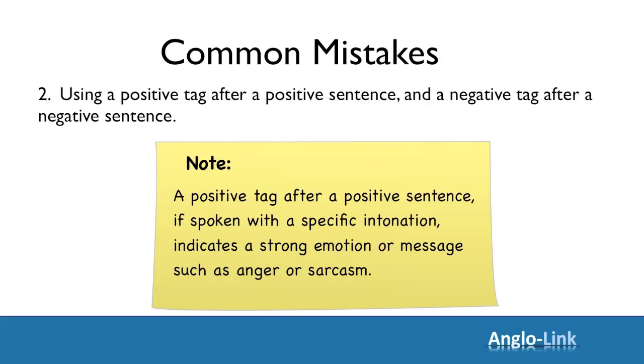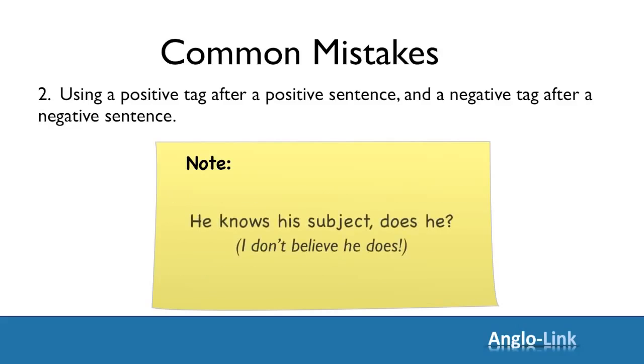For example, if we take the last sentence that we corrected, he knows his subject, does he, and we corrected it to he knows his subject, doesn't he? If we say it like, he knows his subject, does he? It's sarcasm. You really don't believe that he does.